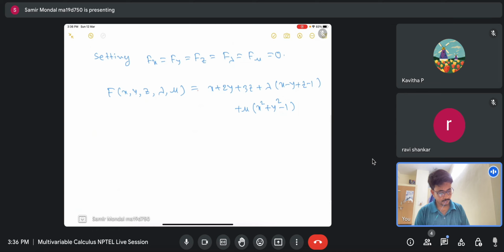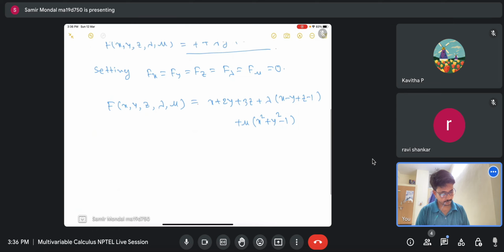Now if we set F_x equal to 0, what will we get? We get 1 plus lambda plus 2μx equal to 0. So F_y is 2 minus lambda plus 2μy equal to 0.